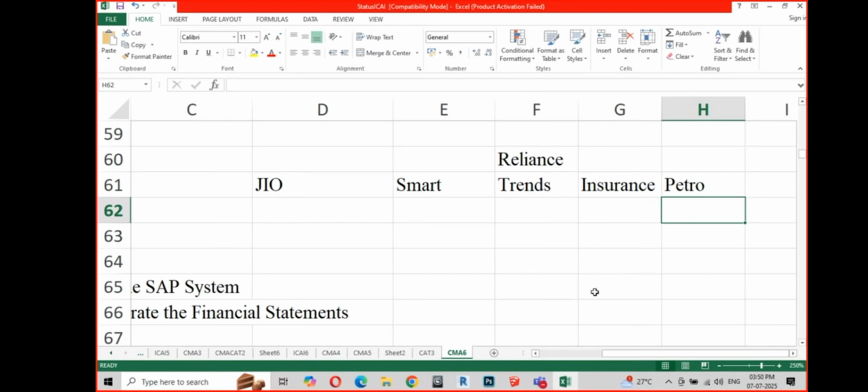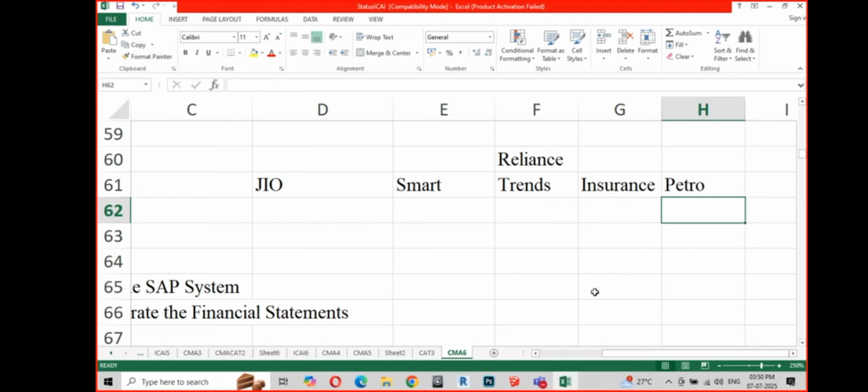I'm just taking a few things. So Reliance is into Jio, Smart, Reliance Trends, Insurance, Reliance Petro, whatever.